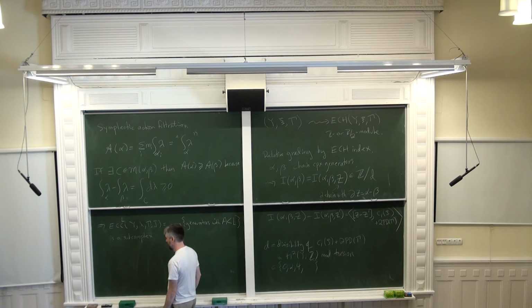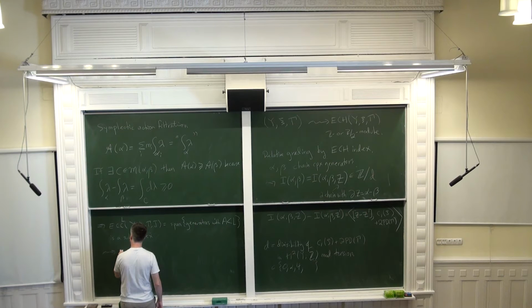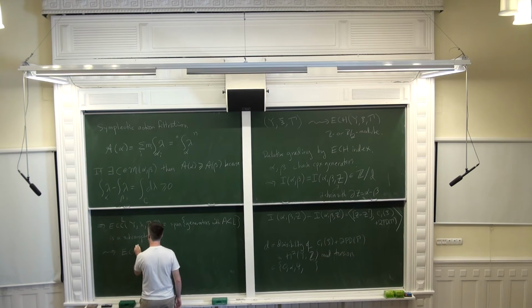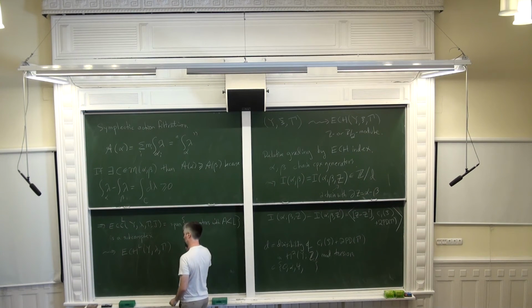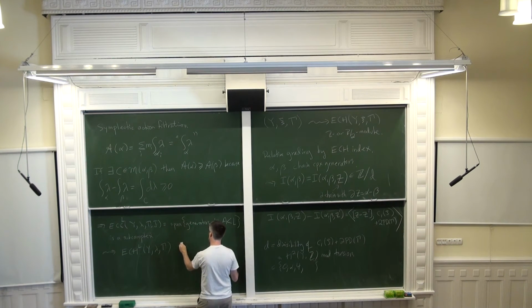And this leads to, if you take the homology of this, what we denote ECH^L of Y, lambda, gamma. And this is called the filtered ECH.